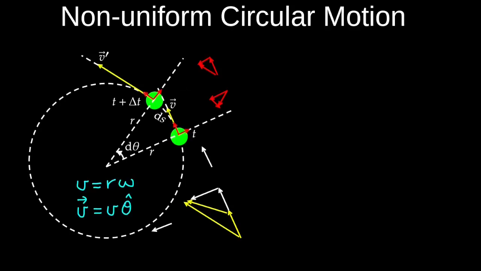So at time t, we have a tangential and radial direction, and at time t plus delta t, we had a tangential and radial direction. Now in the case of non-uniform circular motion, the speed, or the magnitude of the velocity, is not constant. So when we differentiate this expression, we use the product rule, and we obtain the following equation for the acceleration.